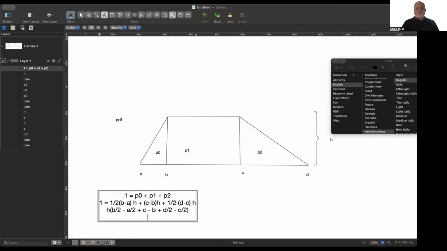So basically I have h times minus a over 2 minus b over 2 plus c over 2 plus d over 2. And remember, there's a 2 everywhere, and this is equal to 1. And so h is just going to be 1 over that, which is 2 over minus a minus b plus c plus d.